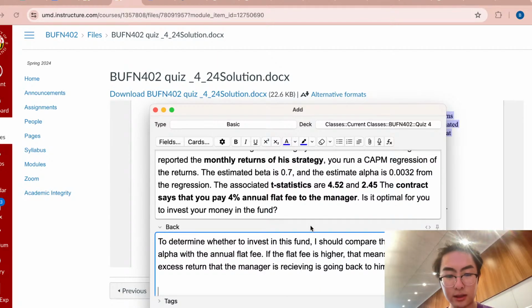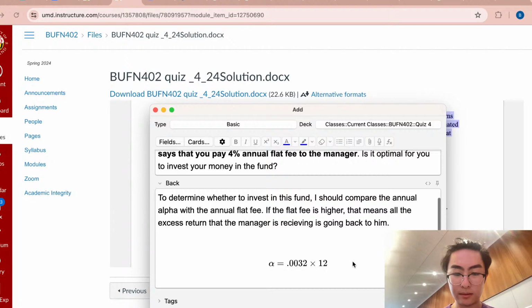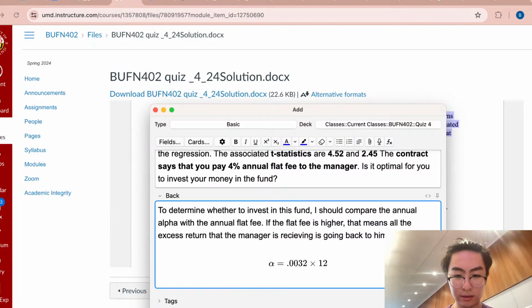Alright, so in this case, alpha is equal to 0.0032. Multiply that by 12. Let's see if we can do this in our head. I don't think I can, but 3 times 12 is 36. 2 times 12 is 24.